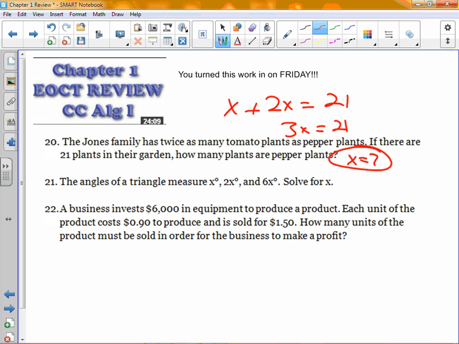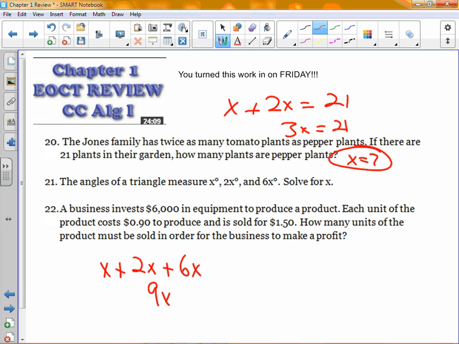Again, a lot of you guys set number 2 up, but you didn't set it equal to anything. And number 2, the area of the triangle is X plus 2X plus 6X. All you found was X plus 8X is 9X. Now, the sum of the interior angles is always the same thing.